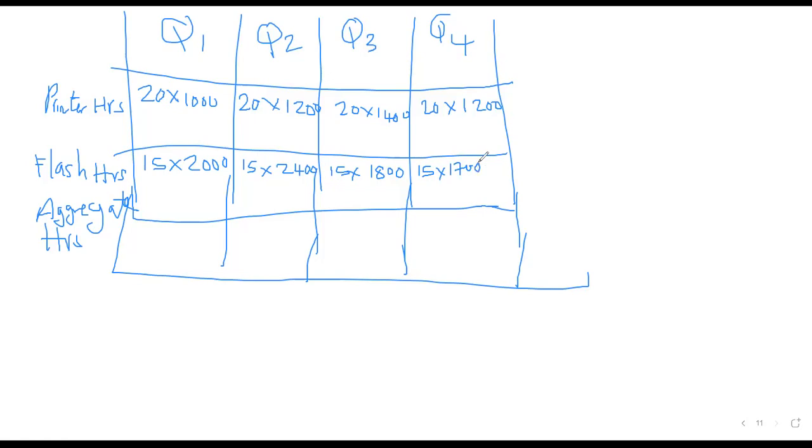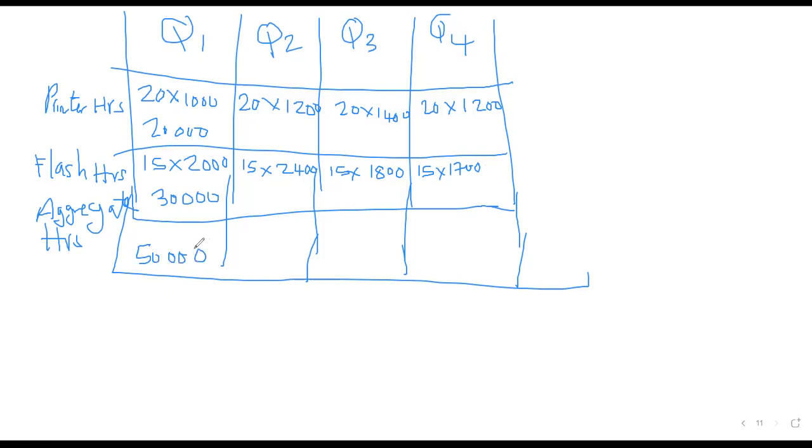So you can now find the hours here. The first one here is 20,000. So we're going to find the aggregate hours. So 15 multiplied by 2,000 is 30,000 here. Aggregate hours will be 50,000 for quarter one.